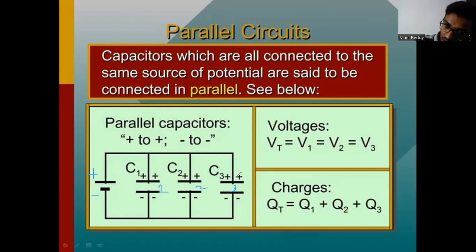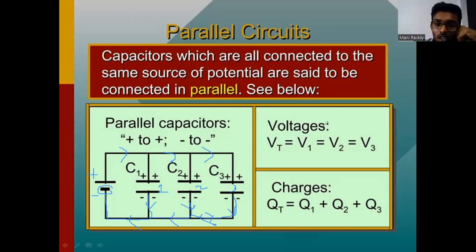The negative terminal is connected to the negative terminals of the first, second and third capacitors. The charges are flowing in this way.